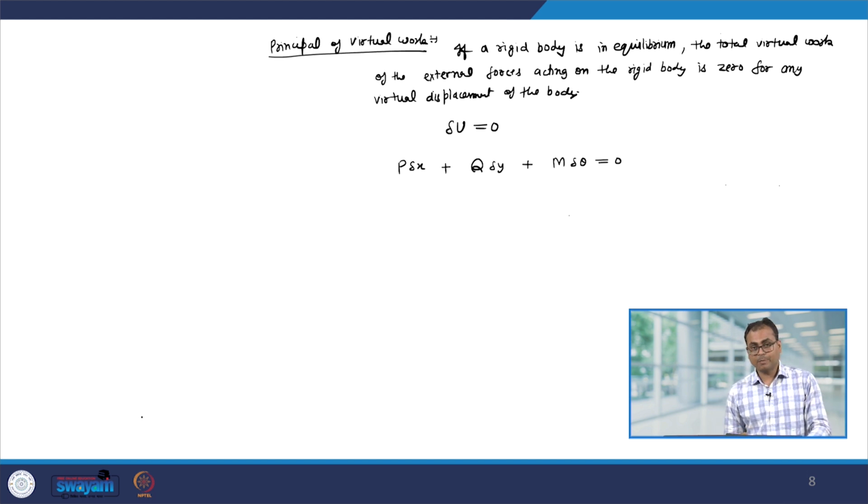Now, the next step is to represent this delta x, delta y and delta theta in terms of generalized coordinate. So, your x, y and theta, they should be represented in generalized coordinate.